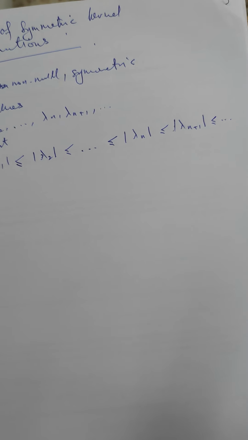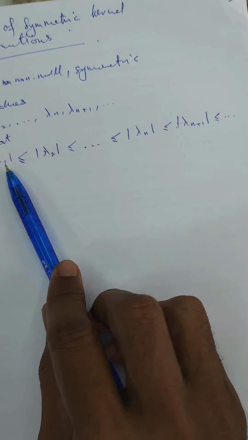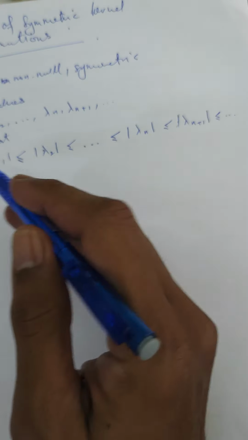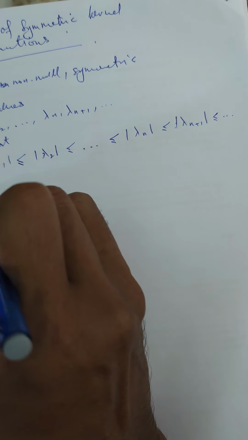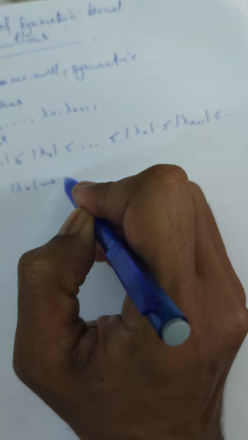So clearly from here, since lambda is positive and real, we can see that as n goes to infinity, lambda n also goes to infinity.